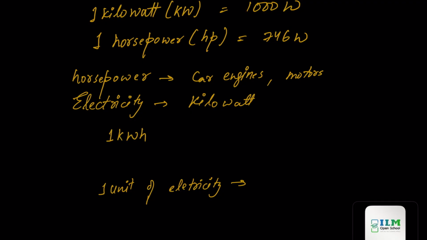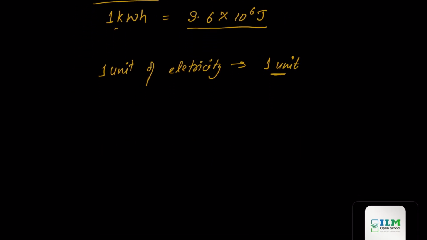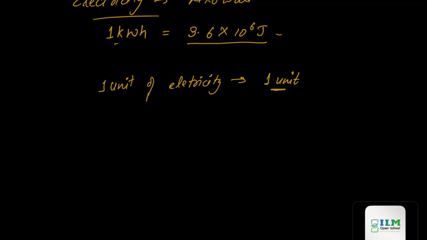We write it as 1 kilowatt hour. 1 kilowatt hour is energy. It is not a unit of power. It is energy. We write it as 3.6 into 10 to the power 6 joule. So in our home, that 1 kilowatt hour means 1 unit of electricity. And this 1 unit of energy means 3.6 into 10 to the power 6 joule. When this much energy is consumed, then we say that it consumed 1 unit.